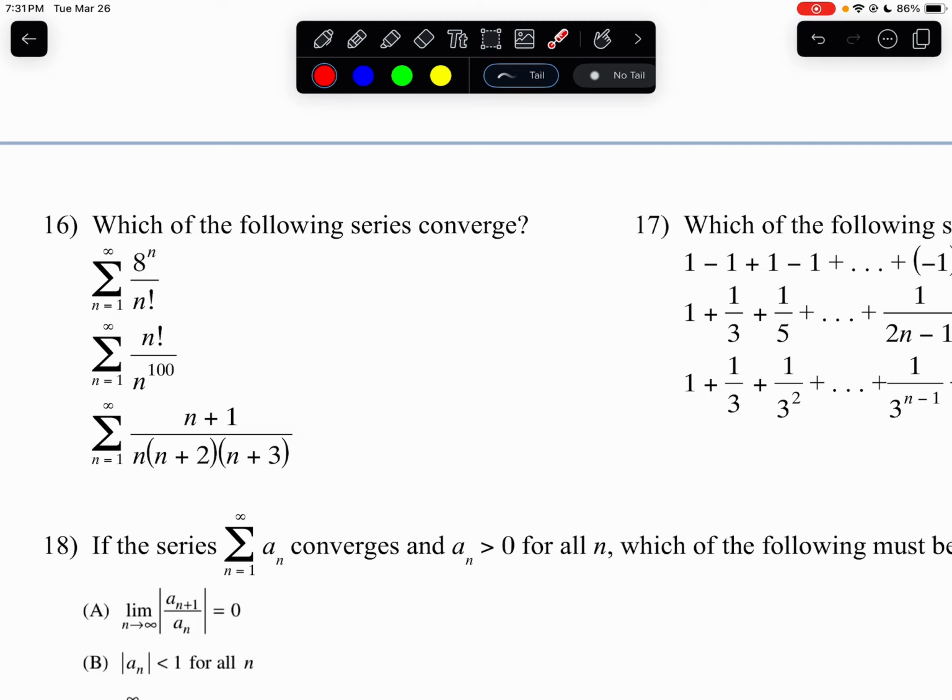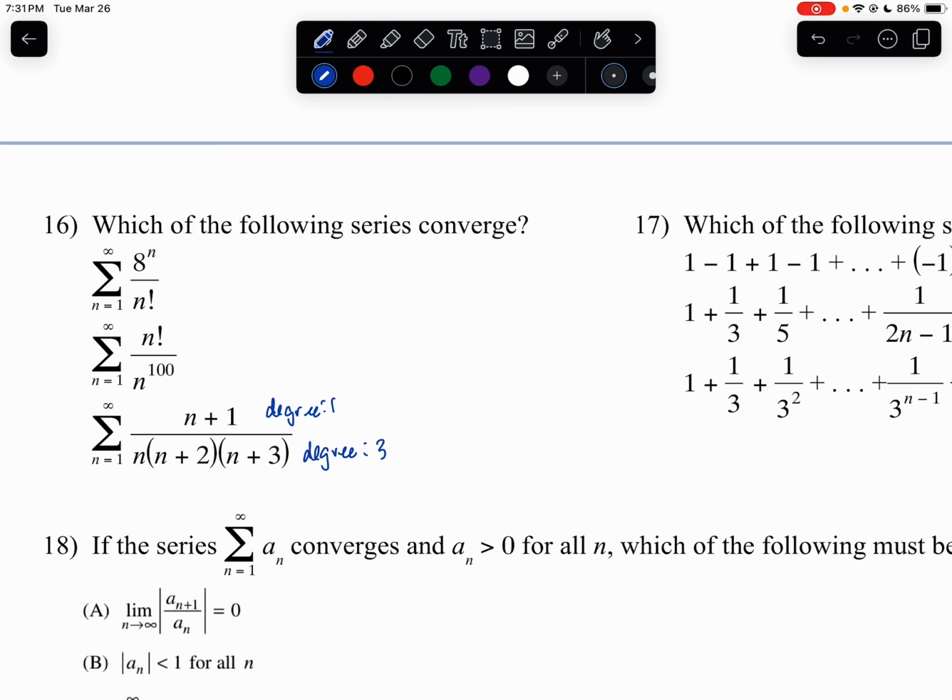I'm trying to think about a couple of tests that I can use. By comparison, pretty much. So this one, I'm thinking I can use a comparison test of sorts by just looking at this right here. The degree of the numerator is 1, right? And the degree of the denominator is 3.